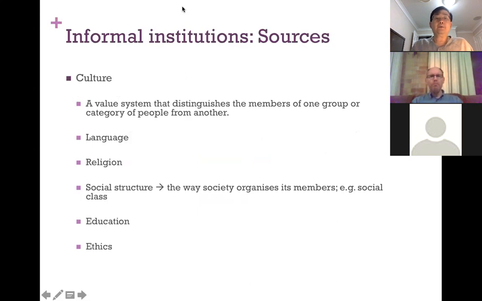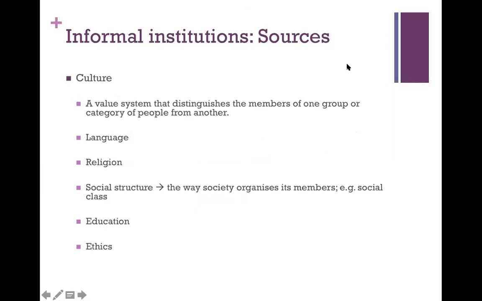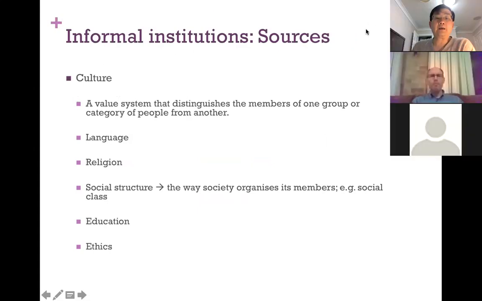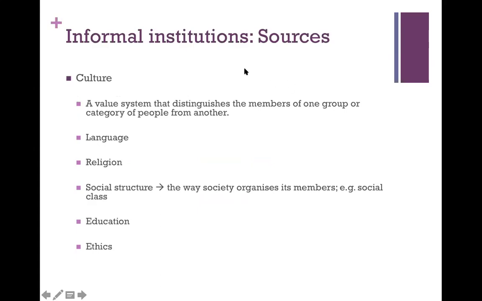One of the things here, from the informal perspective, is culture. Now, culture here reflects the value system that distinguishes the members of one group or category of people from another. So that helps us differentiate one group from the other groups.